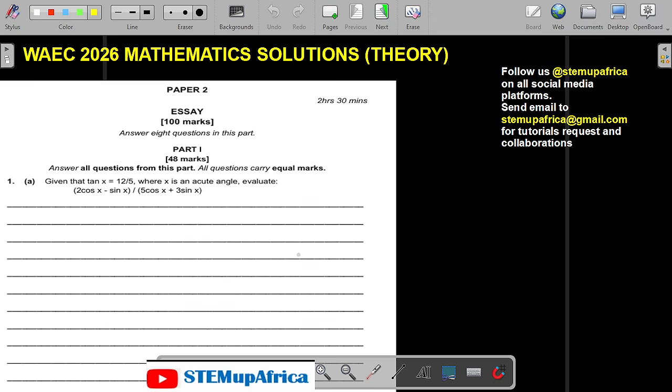Given that tan x is 12/5, where x is an acute angle, we are asked to evaluate 2 cos x minus sin x divided by 5 cos x plus 3 sin x. This is a trigonometry question, and we know that acute angles give positive values for the three trig ratios: sine, cos, and tan.